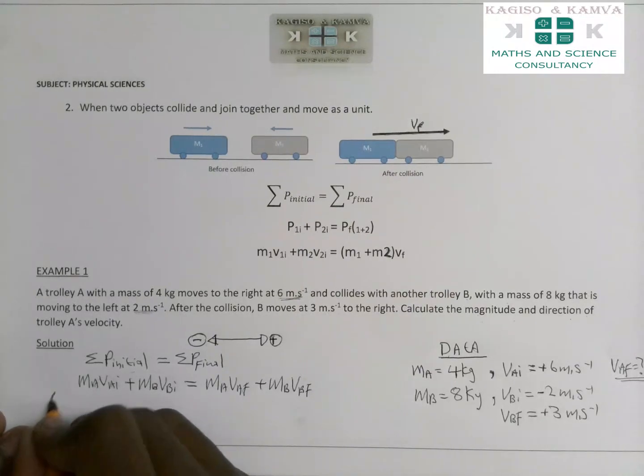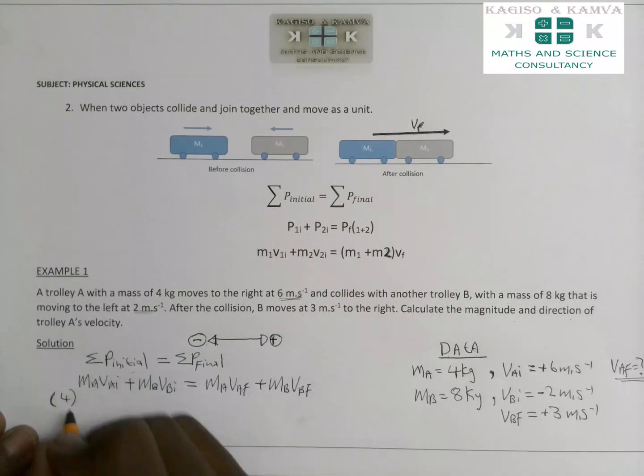That will be the mass of A, we're told that is 4 kg.